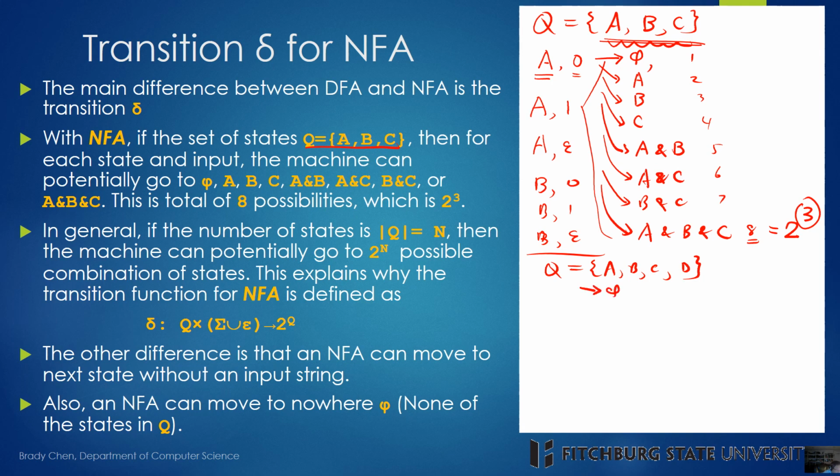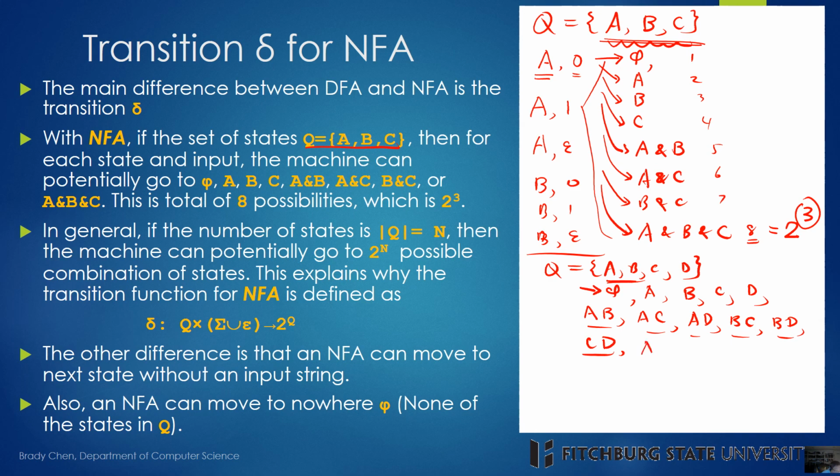Going to nowhere, going to A, going to B, C, D, A B, A C, A D, and then B C, B D, or C D. That's all the possible 2 state combinations.